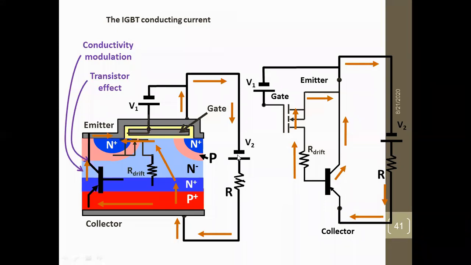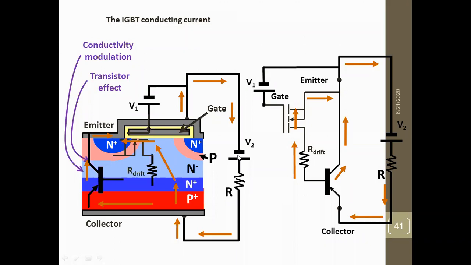First the gate emitter voltage is reversed. Then the depletion region increases and the device goes towards the blocking state. That is also called the turn off condition. Reversing the gate voltage changes the switch from the turn on condition to the turn off state.